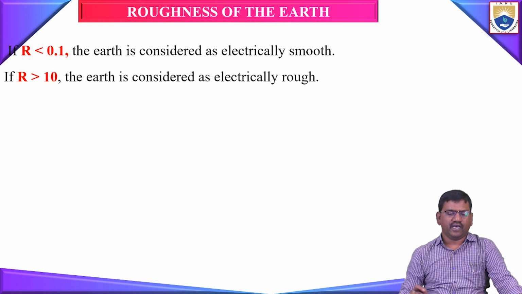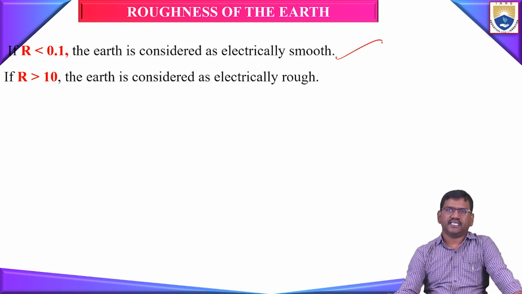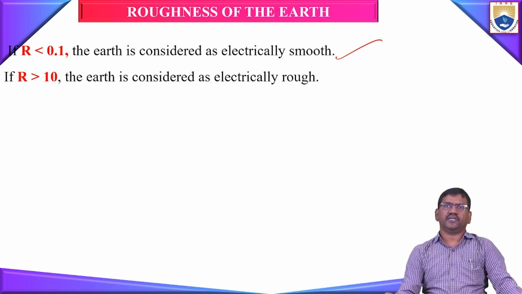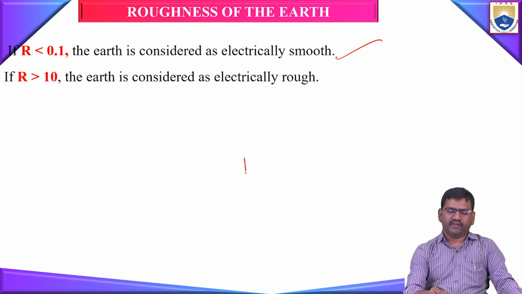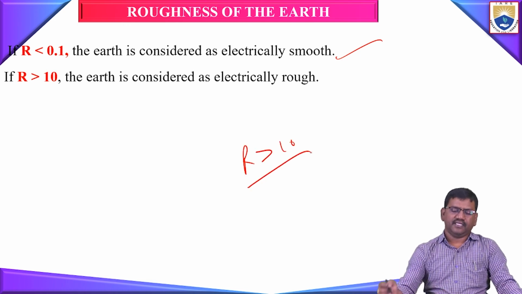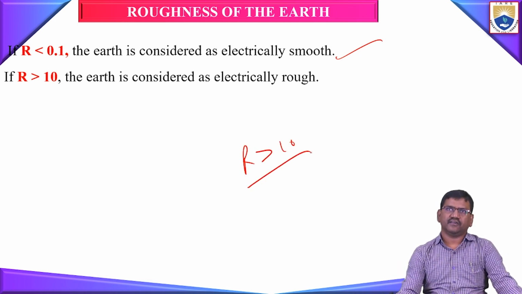If the R value we get is less than 0.1, then the earth is considered electrically smooth. If the value of R is greater than 10, then the earth is considered electrically rough.